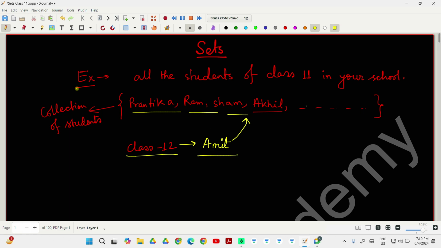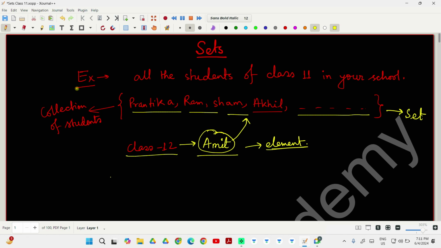We cannot find this name in this collection. So this is what we are calling an element, and this collection, let's say, a set.